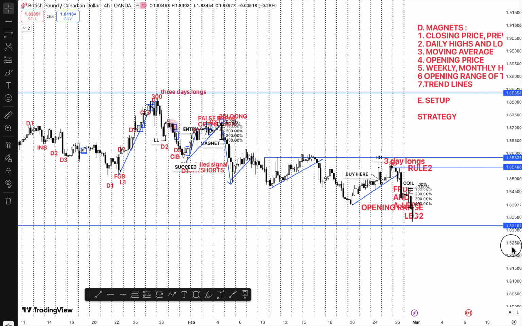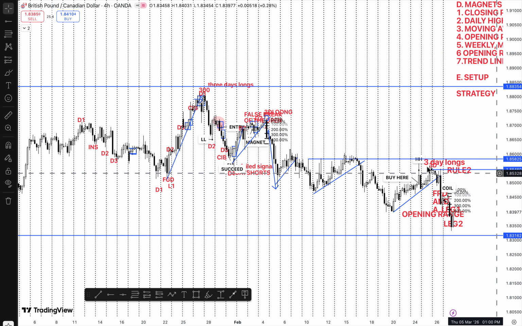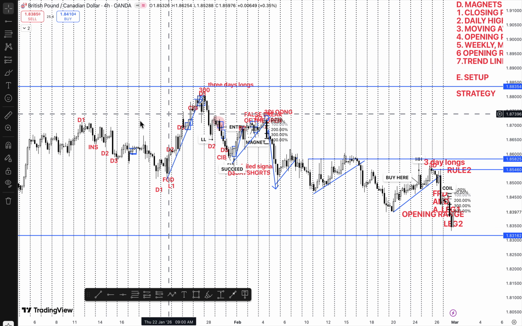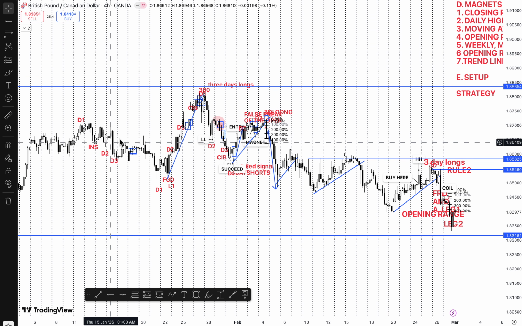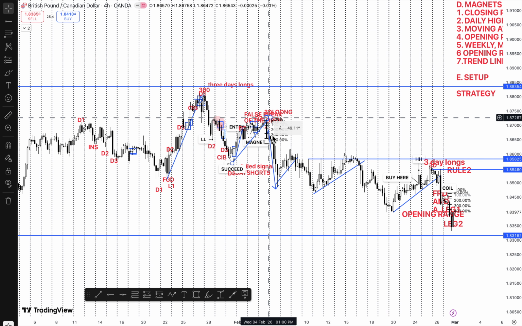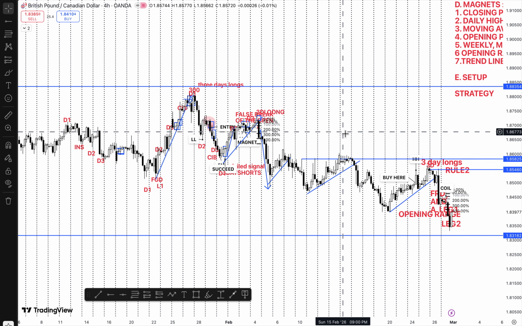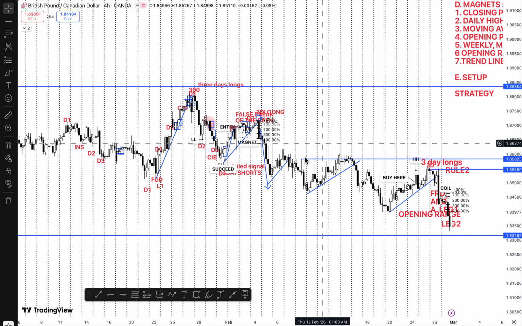This is a 4-hour time frame chart. Now notice everywhere I had analysis done, I am looking for 3 days short, 3 days long for reversals. I'm looking for a 3-day setup. I'm looking for signal days while identifying my trend lines.